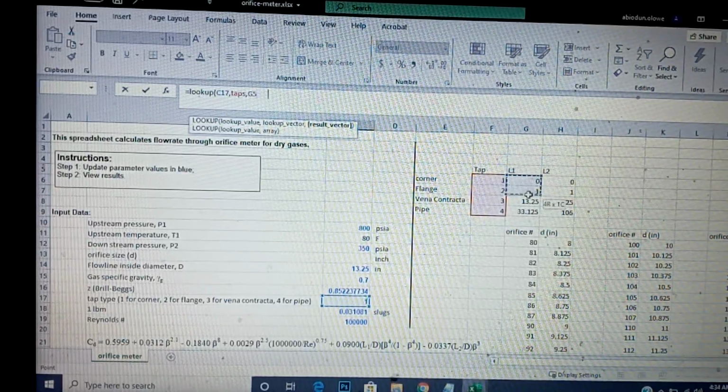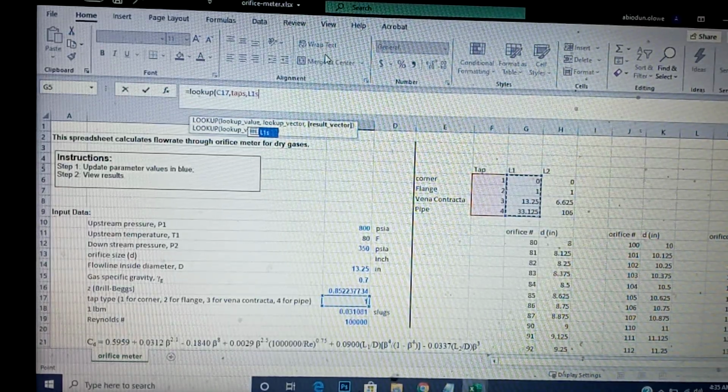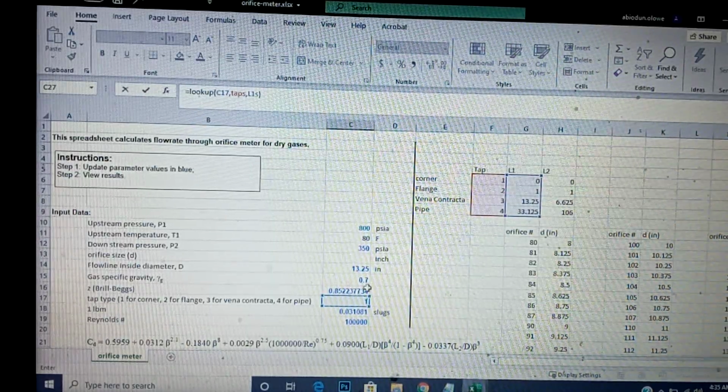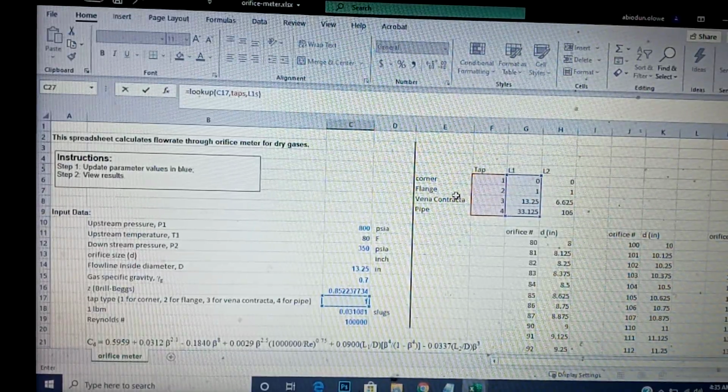So I'm going to highlight all this. I already named that L1s. Okay. So I close my bracket. So what Excel does is, it checks this number, whatever I put here, then looks for the tab, then looks at the corresponding value for L1.